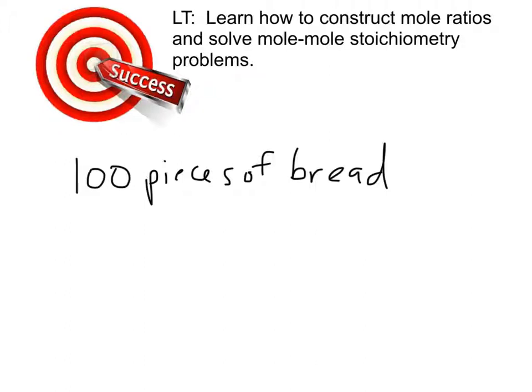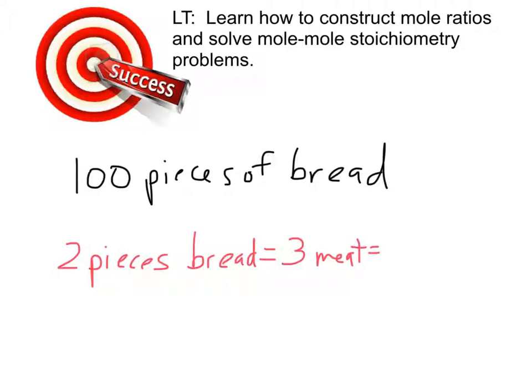That equivalent statement is that 2 pieces of bread is equal to 3 pieces of meat, which is equal to 1 piece of cheese, which is finally equal to 1 sandwich. And in chemistry, we're going to do something very similar, and then we're going to use that information to actually solve chemical quantity problems.